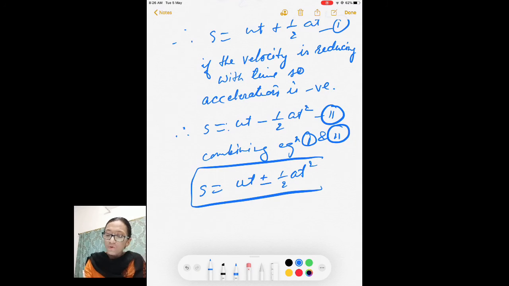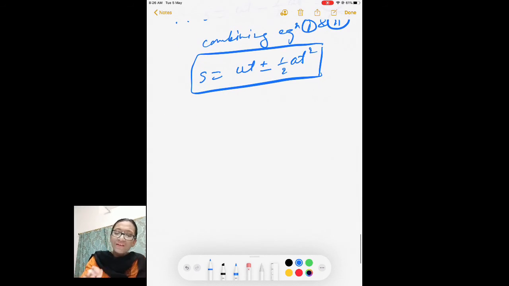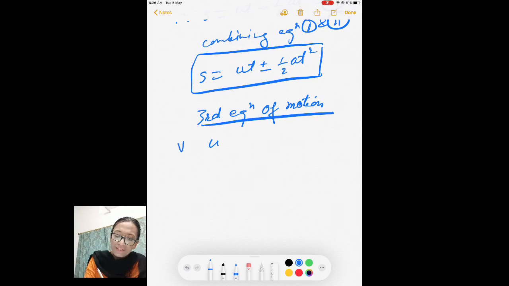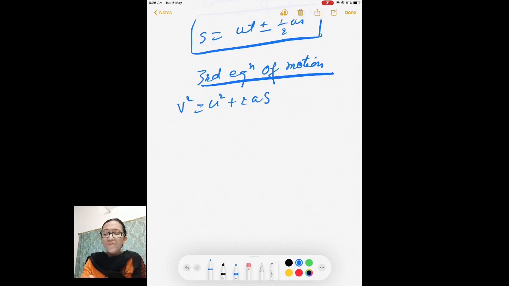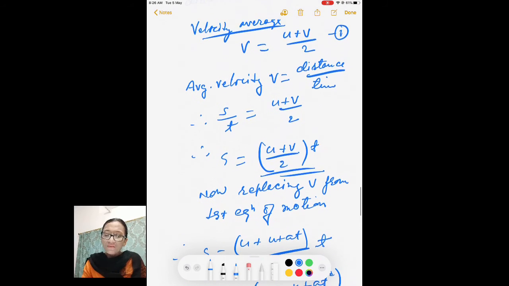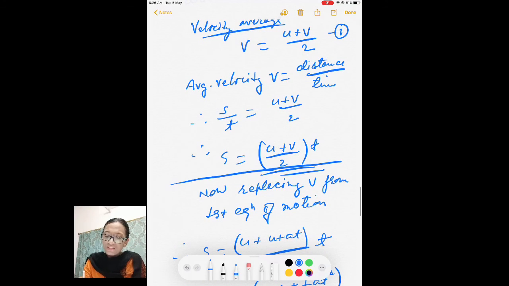So as per use you can take plus sign, as per use you can take minus sign. Now the third equation of motion, and that is v square is equal to u square plus 2as.